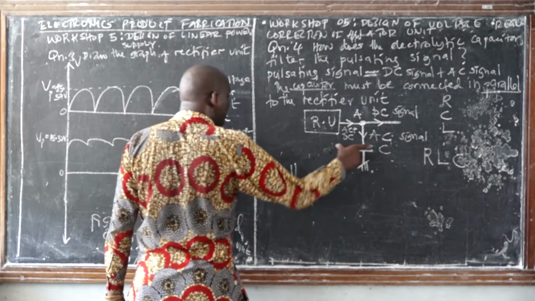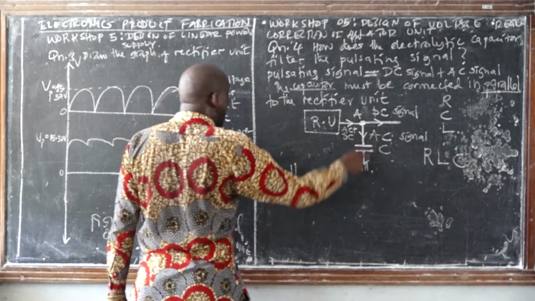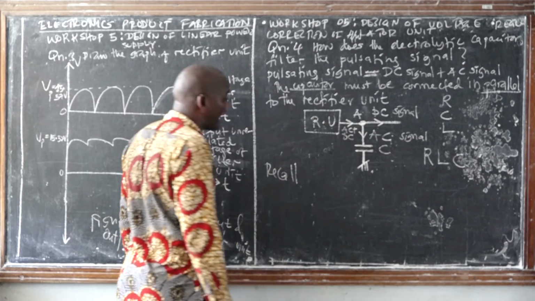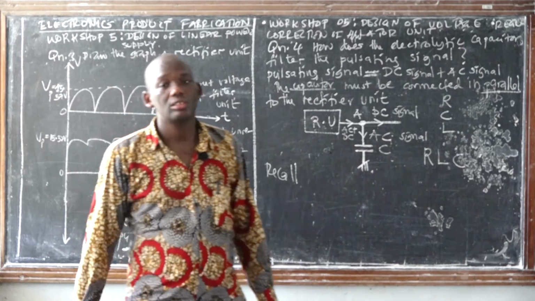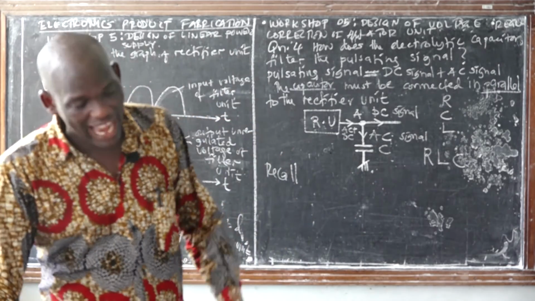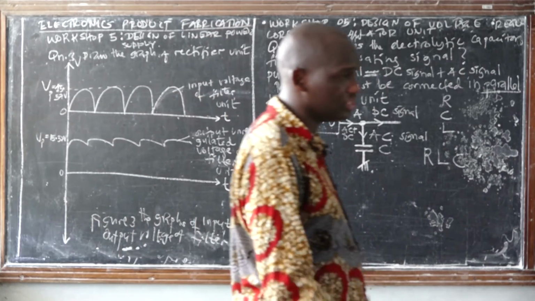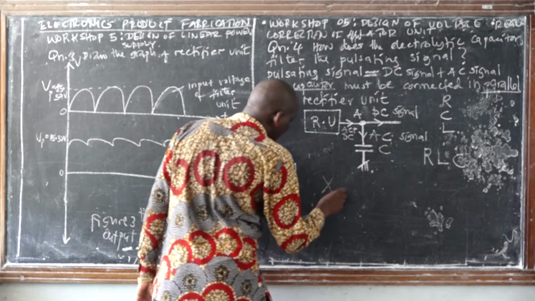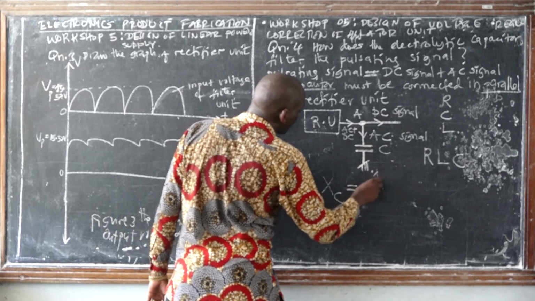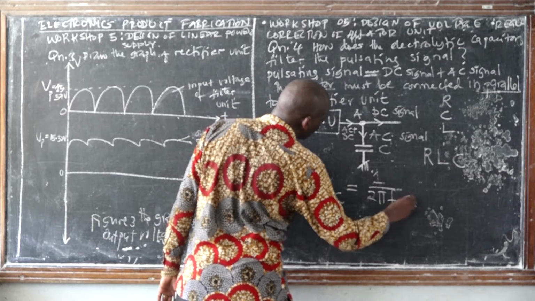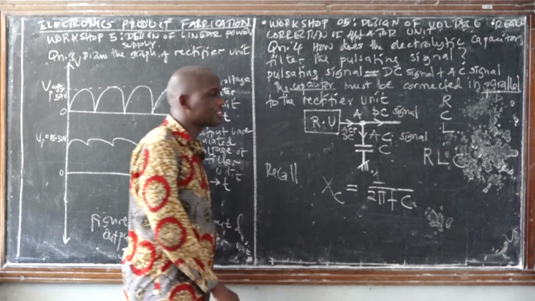So when you allow an electric signal to pass through the capacitor, it provides capacitive reactance, which is resistance in nature. The capacitive reactance of the capacitor is equal to 1 over 2 pi times the frequency of the AC signal times the capacitance of the capacitor.